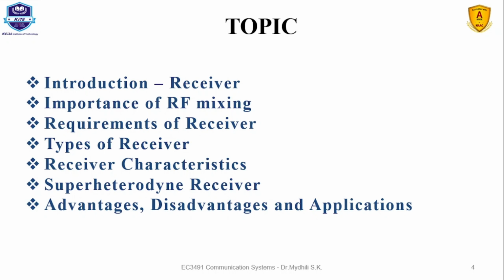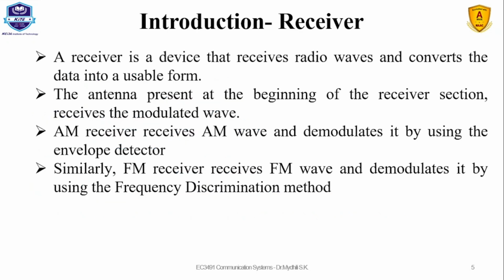Then the requirements of the receiver are explained, and the types of receiver follow. Receiver characteristics are explained, and finally we'll explain the AM superheterodyne receiver, and the advantages, disadvantages and applications will be discussed. To start with, the introduction about the receiver.